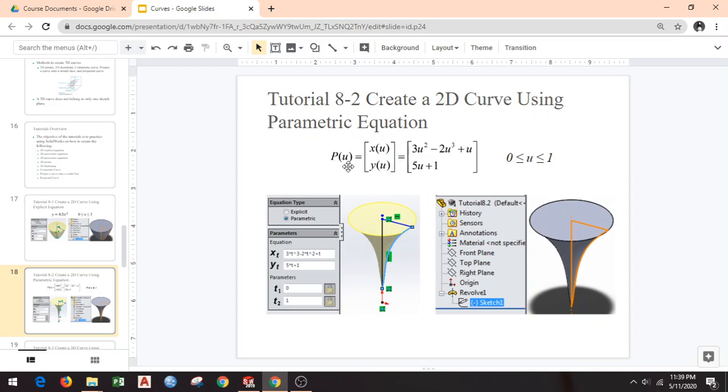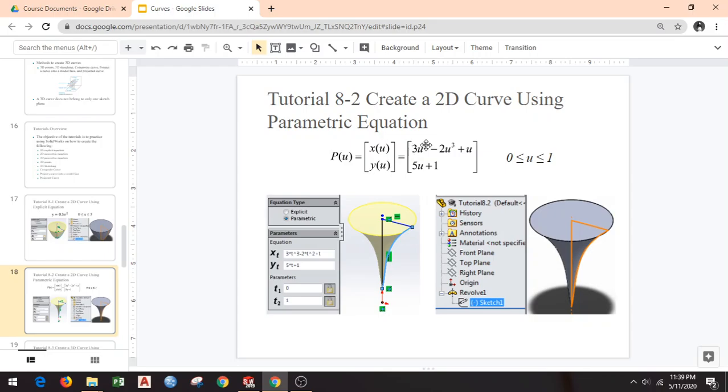P of u. In a parametric equation, there is always a parameter. In this case, the parameter is u. So P of u is equal to x of u and y of u. It is given in terms of x of u and y of u, so x coordinate and y coordinate. X of u is equal to 3u square. Actually, there is a mistake here.